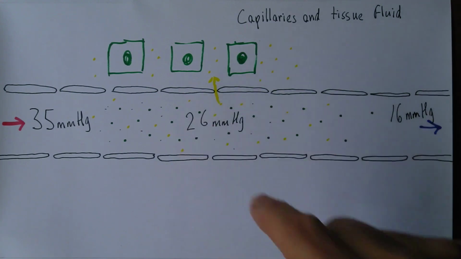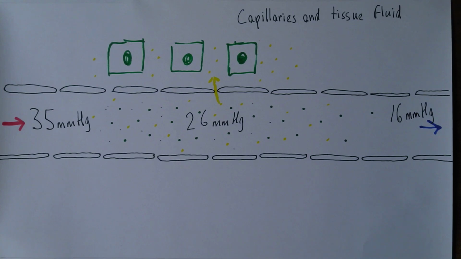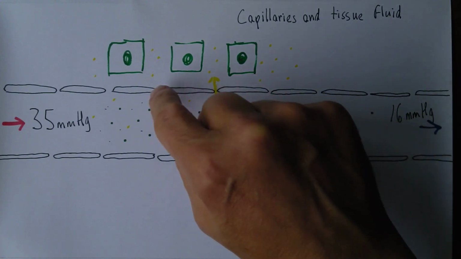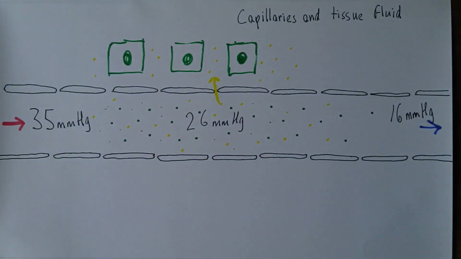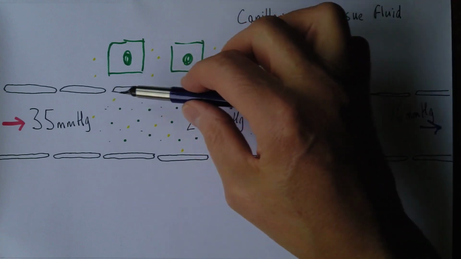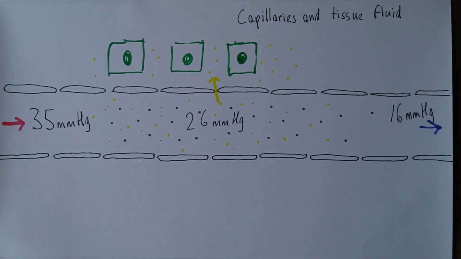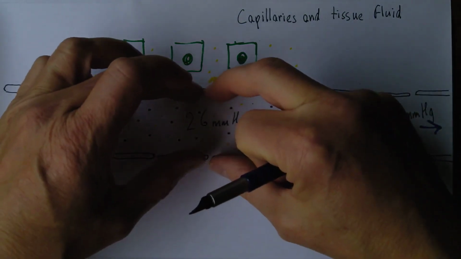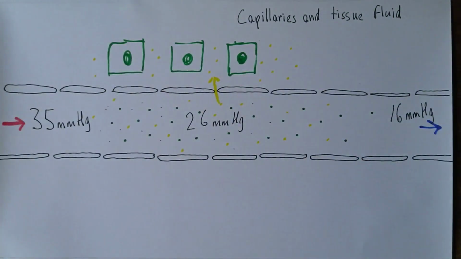But the plasma proteins, because as we already said, the albumin's got a molecular weight of 69,000, it's a huge molecule, can't fit through these gaps, these intercellular clefts. Now, diagrammatically, I've drawn these clefts as being quite big. In reality, the clefts, these gaps, only occupy 1/1000th of the internal surface area of the capillary.